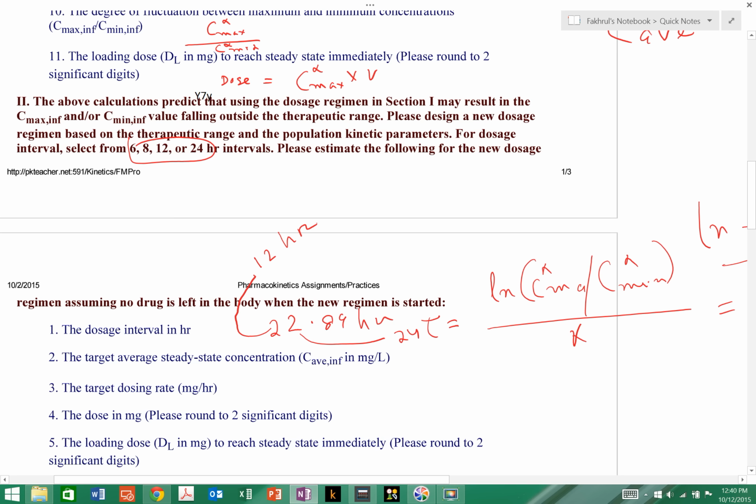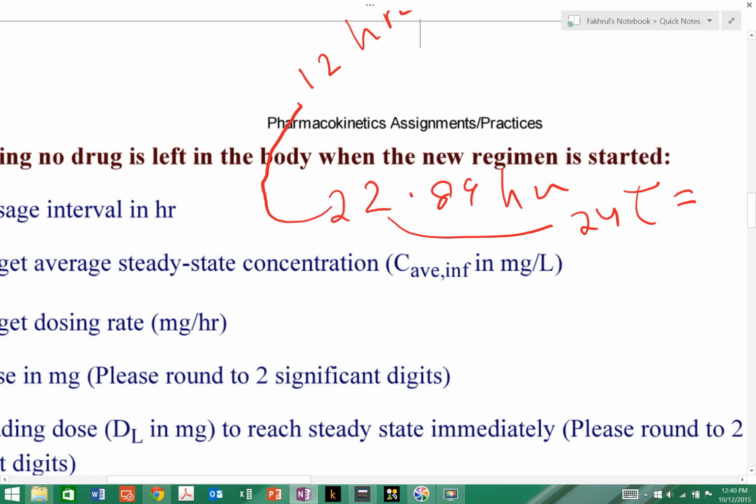And the target C average steady state concentration. Again, we use the same equation: C average infinity, and then we use Cmax minus Cmin, divided by ln Cmax over Cmin, and in each case we use our therapeutic range.